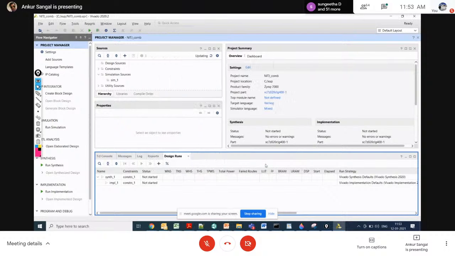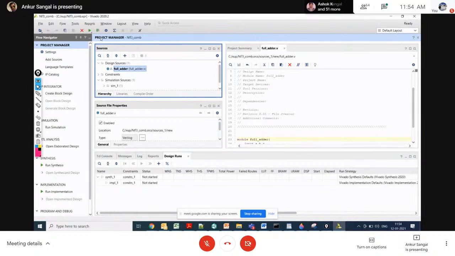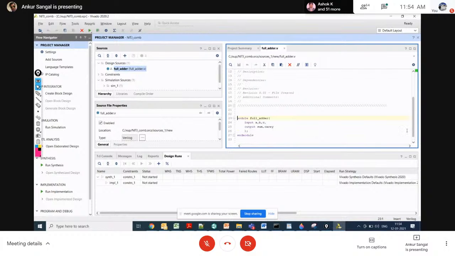Now you can click on the OK button. Assign sum equals to A XOR.